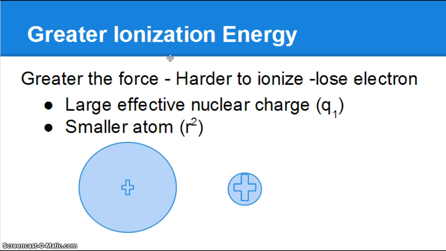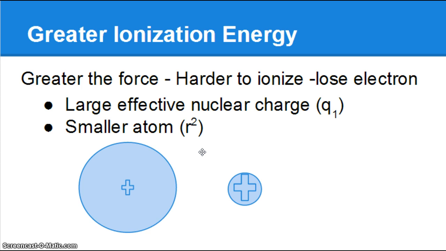So how do I get a big ionization energy? Well, that happens when you have two things going on. You have both a large effective nuclear charge, so this Q value, which is on the top of the equation, that's a big number. And you also have it when the atom is very small, where the radius is small, and that's because the bottom of the fraction is a small number.